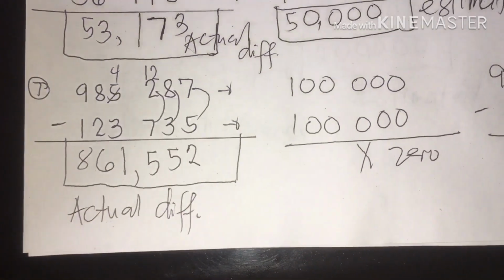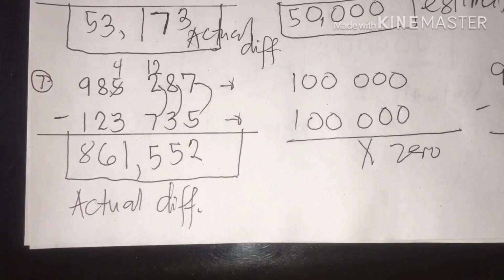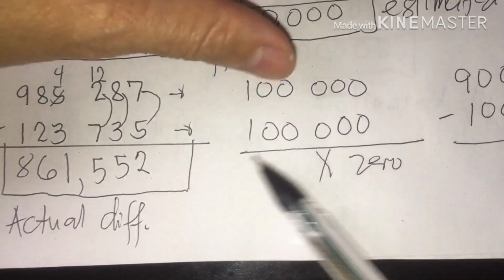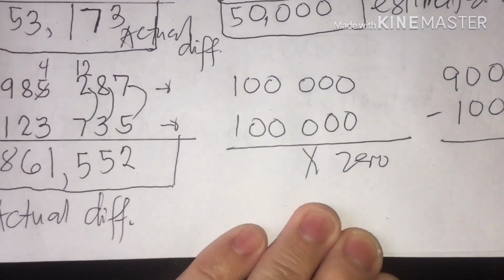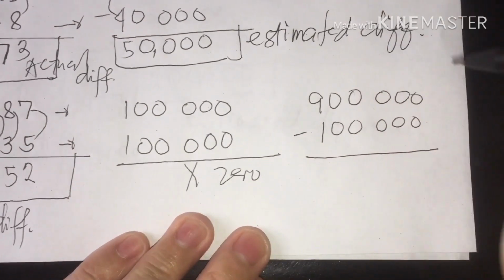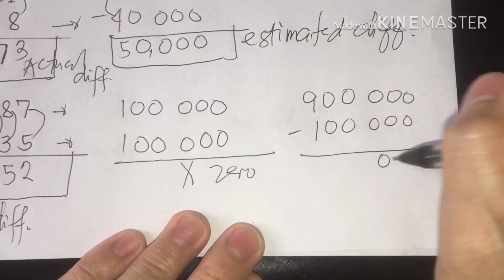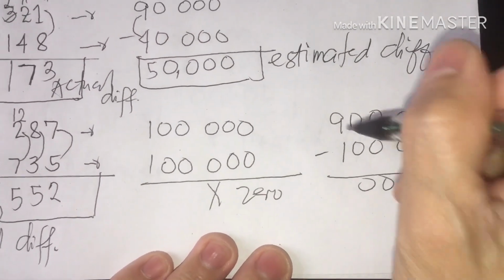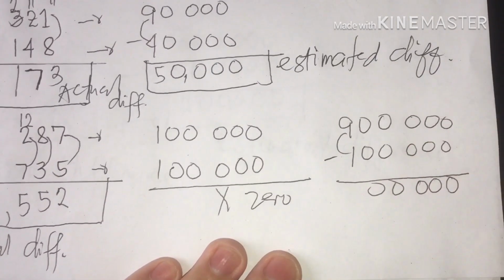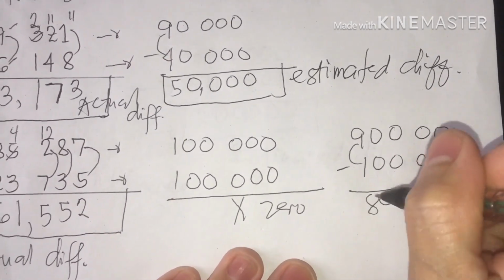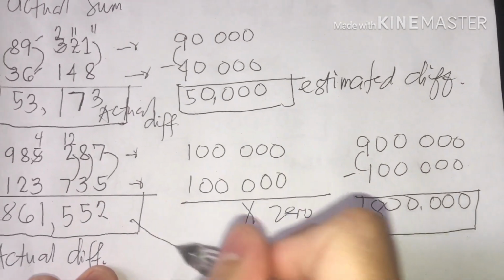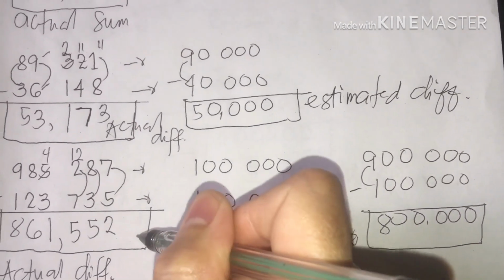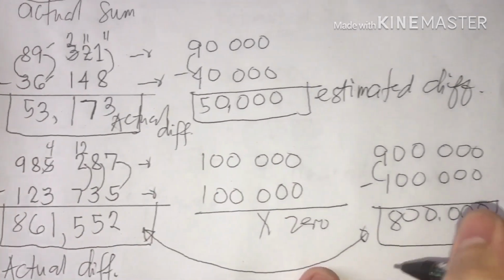Because when you estimate it, there is no actual difference. So this one is the second method. Another method, so we need to bring down 3 zeros. So when you subtract, 1 minus 9, it will give 800,000, which is nearest to our actual difference class.